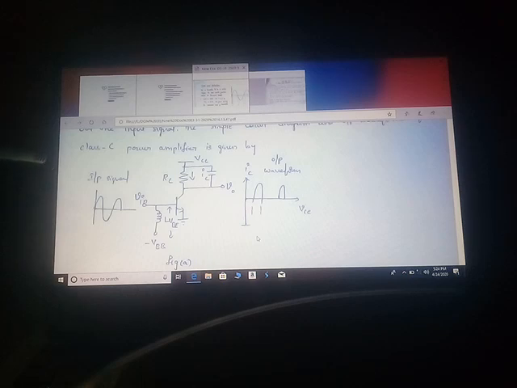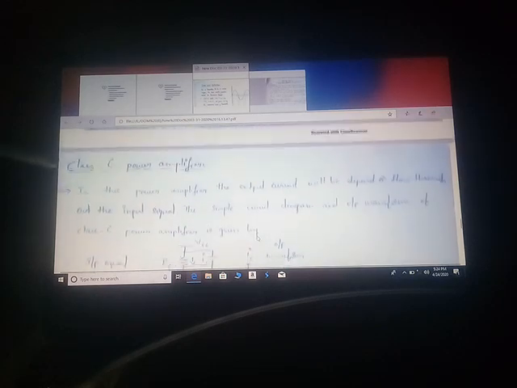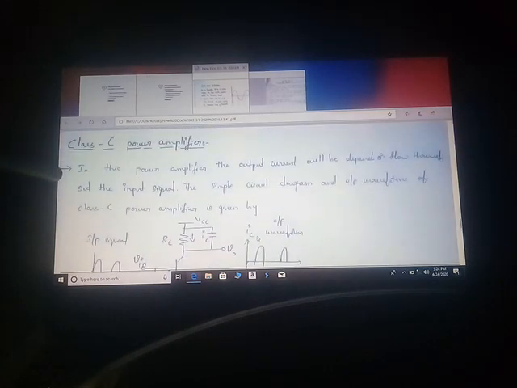This question will be asked for 2, 3 or 5 marks. It will not be asked for more than 5 marks because the applications of this type of amplifier are very few, so we are not discussing it further.